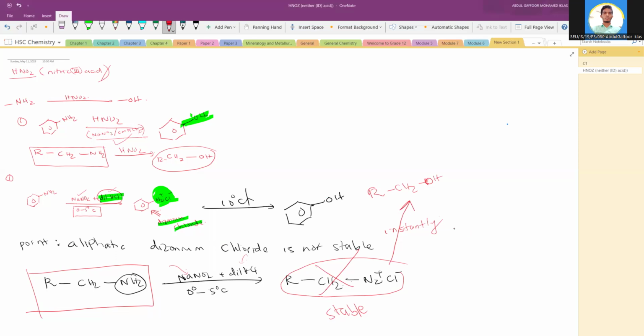In this scenario you can produce diazonium chloride, which is used for the production of dyes. But if you increase the temperature above 10 degrees Celsius, it cannot be stable and will convert to phenol. As far as aliphatic diazonium chloride is concerned, it is not stable even at low temperature. If you perform the experiment, it will quickly convert to alcohol. So that's the summary of HNO2.